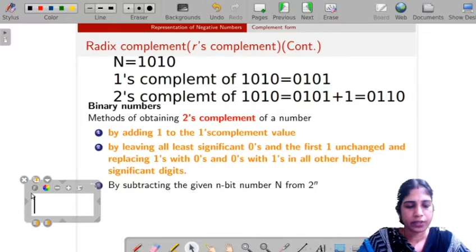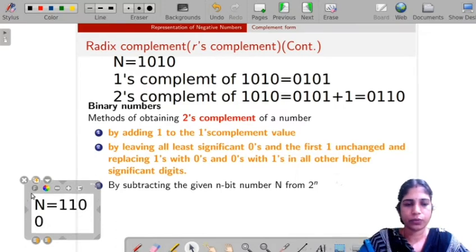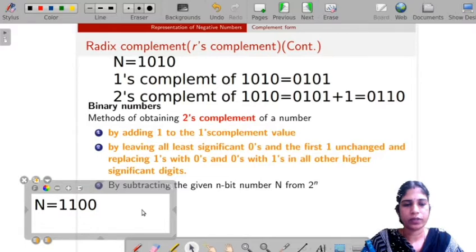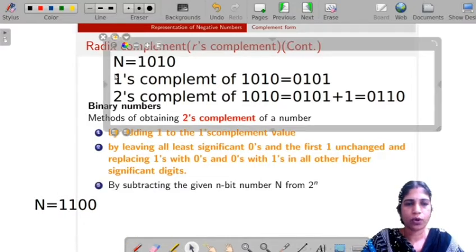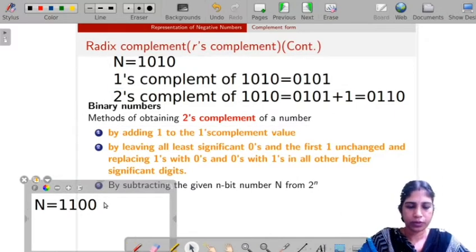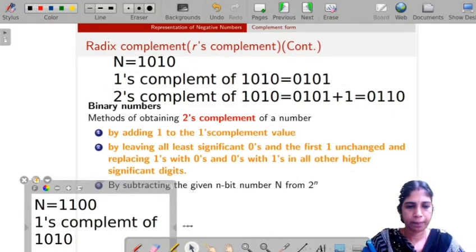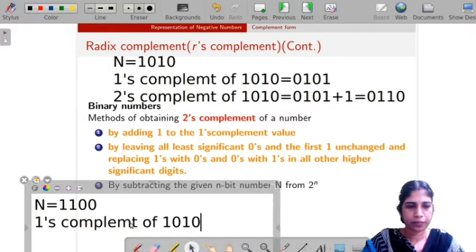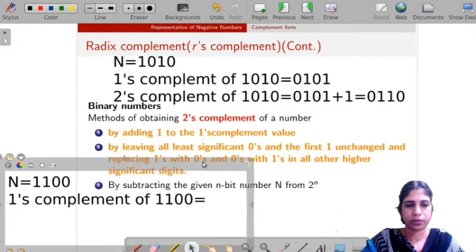Next, consider another example. N is equal to 1100. First we find the 1's complement of 1100, simply complementing each bit, which gives 0011.